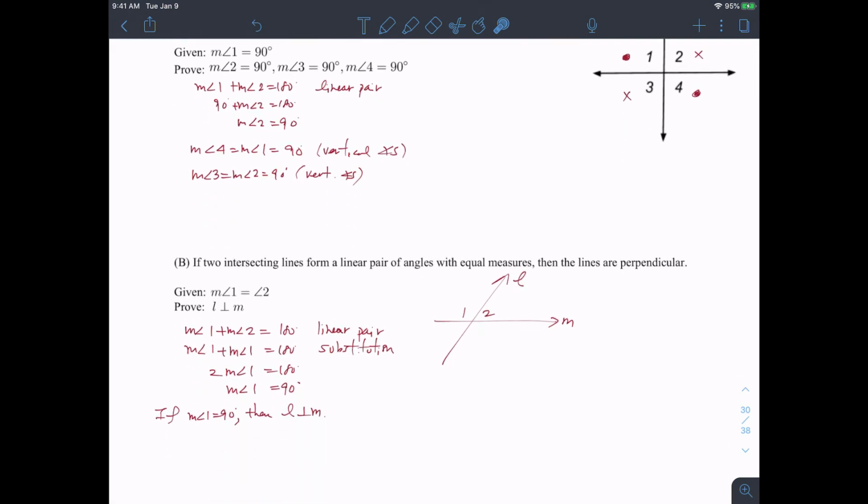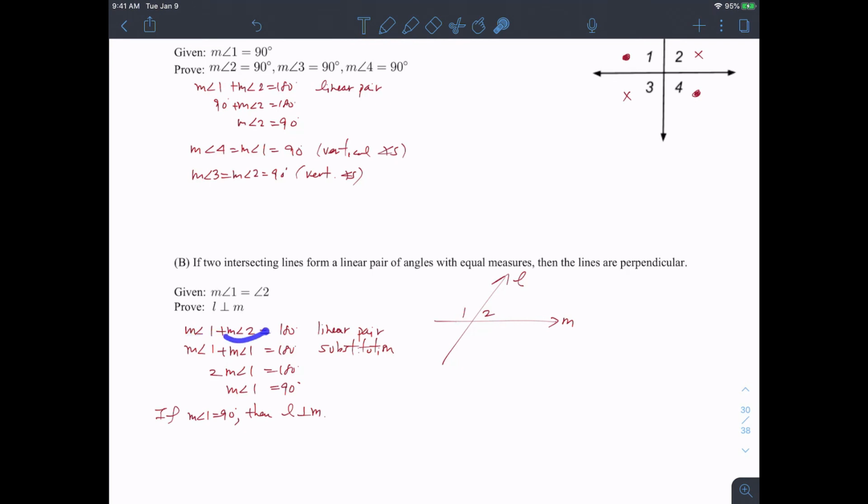Part B is: if 2 intersecting lines form a linear pair with equal measure, then the lines are perpendicular. Okay, in this particular case, it says equal measure, right? So we have angles 1 and 2, a linear pair. If they're equal to each other, they have to add up to 180.